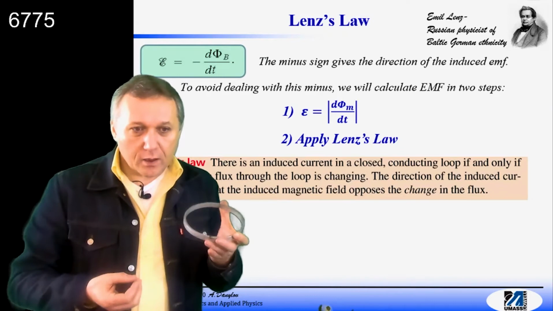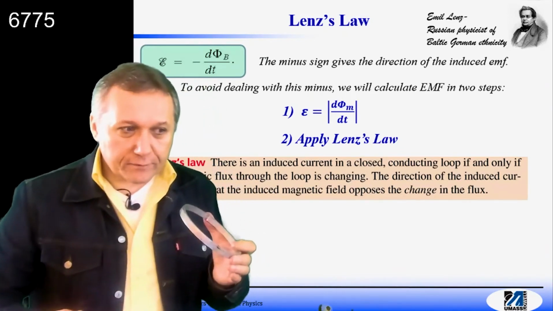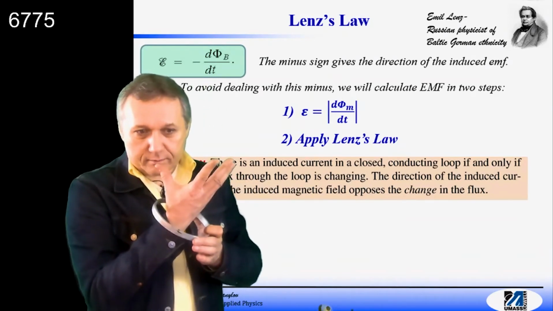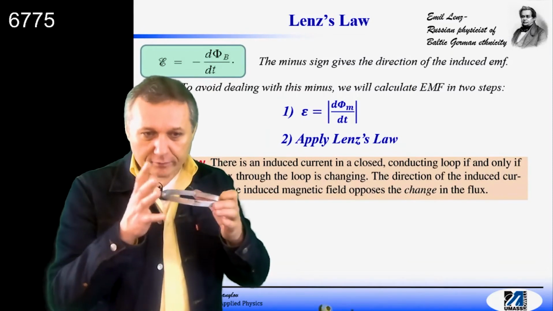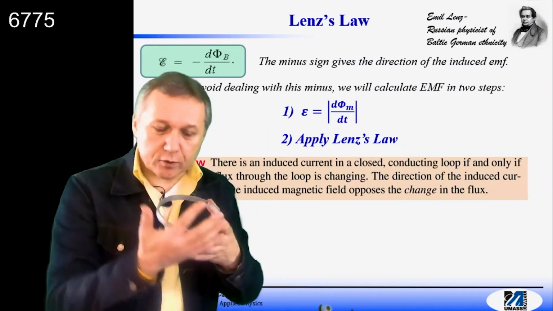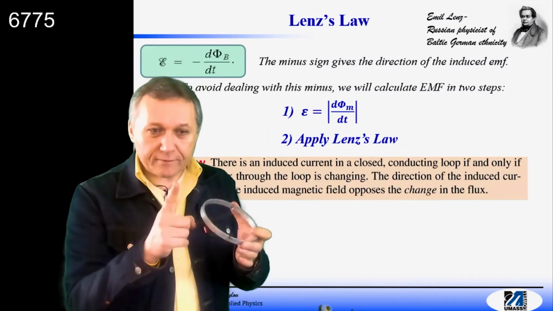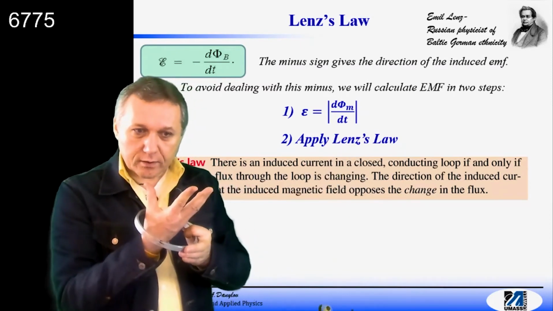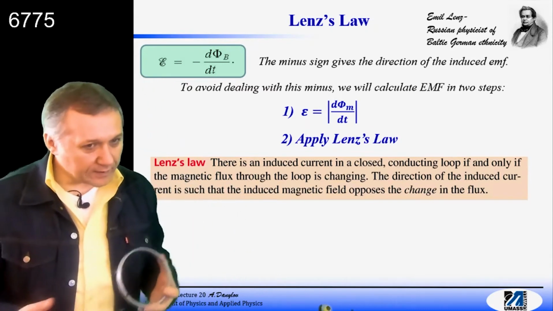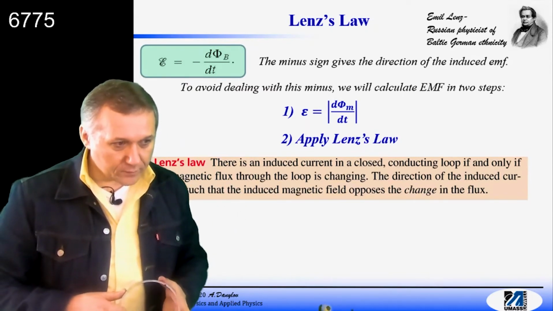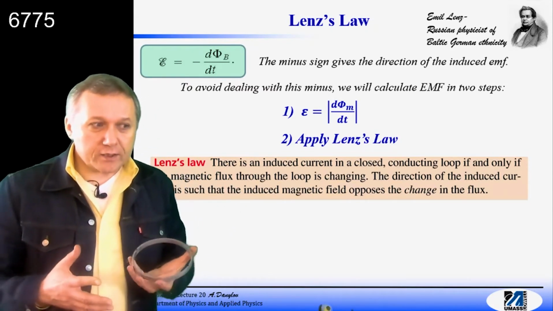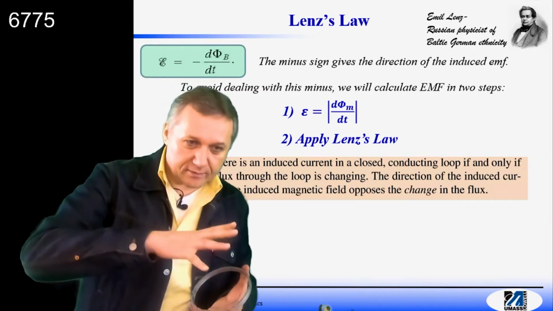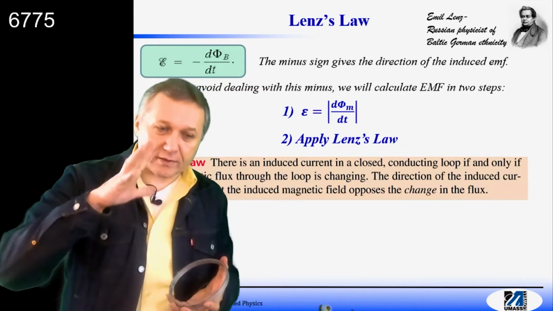So if, for example, the flux increases, you remember we have a loop exposed to the magnetic field, so there is a magnetic flux. If that flux increases, the system doesn't like it. And as a result, it will try to suppress the flux.